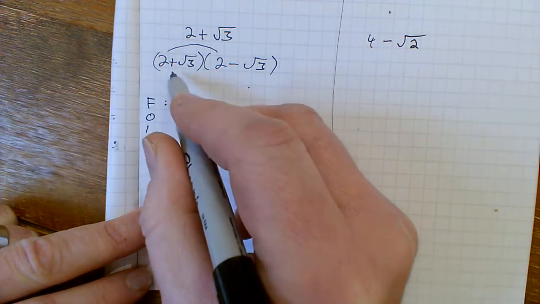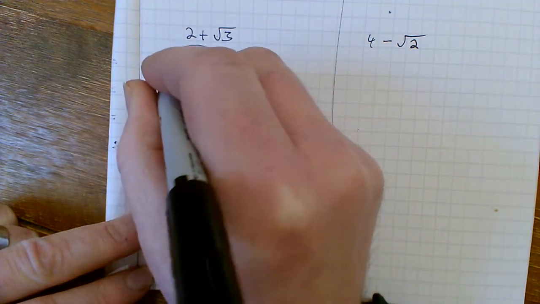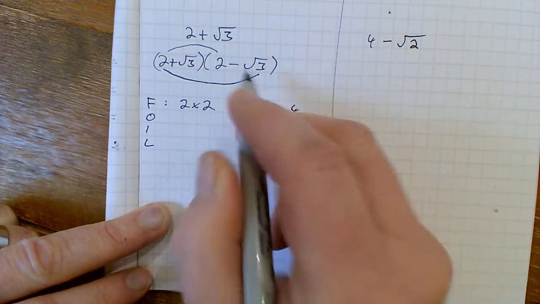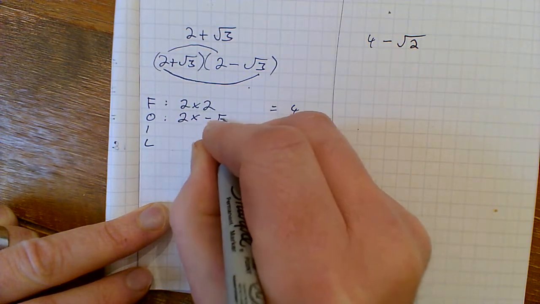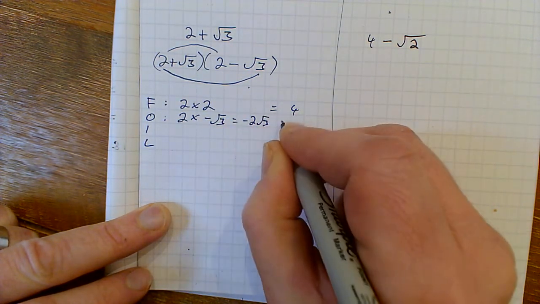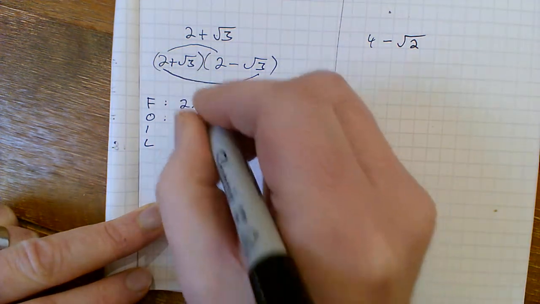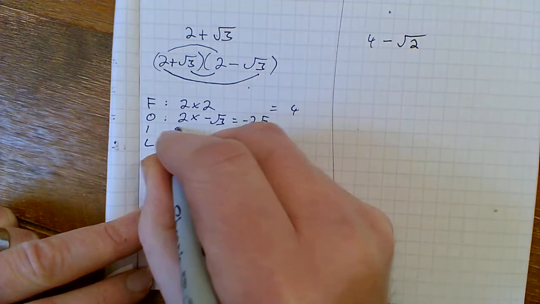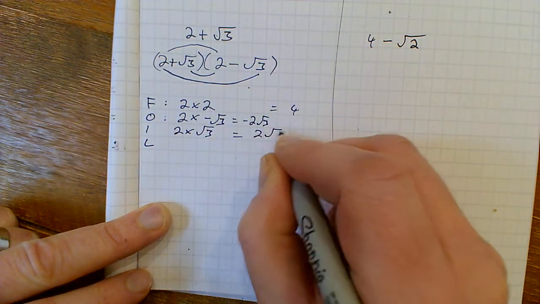Outers, which will be the 2 on the outside, isn't it? So 2 multiplied by negative root 3 this time gives me negative 2 root 3. Inners, I get 2 multiplied by root 3, which gives me 2 root 3.